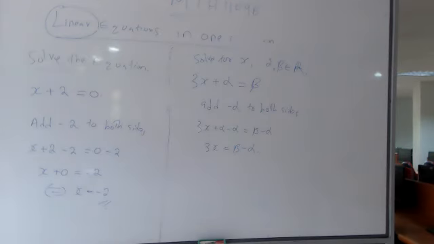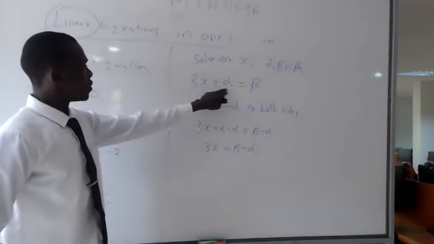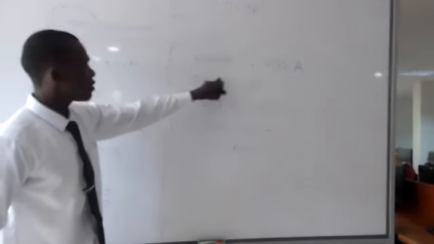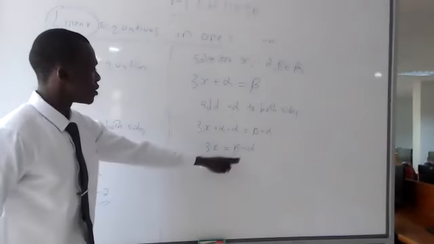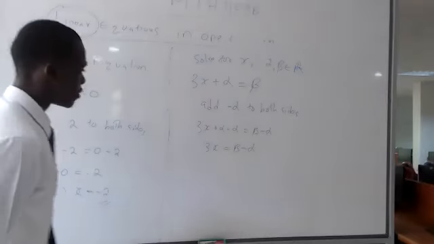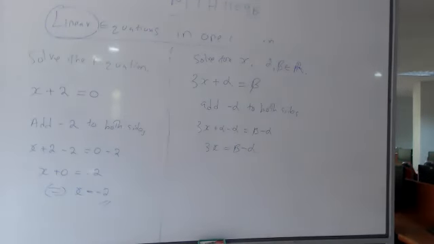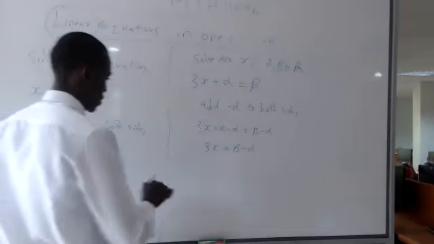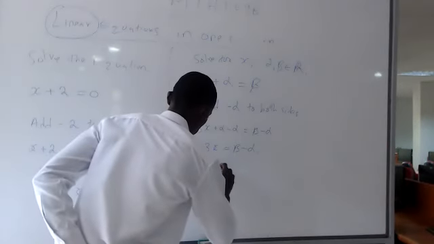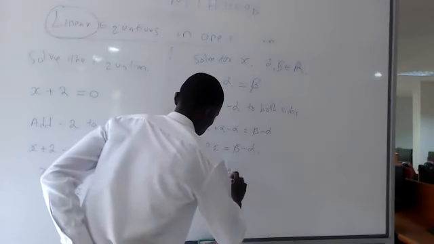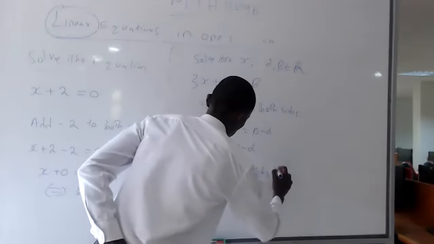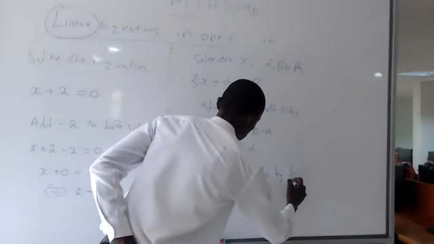Okay. This is equivalent to what you are doing in high school: just take positive alpha to the right hand side and the sign changes to negative. Then at this stage, we need to multiply both sides by a third.